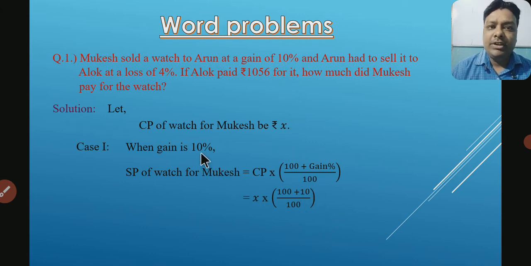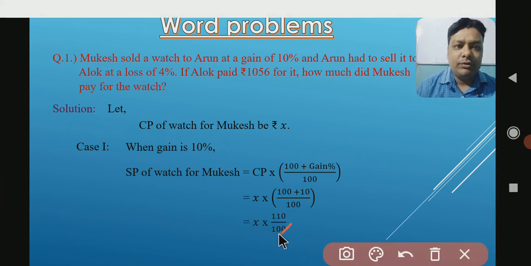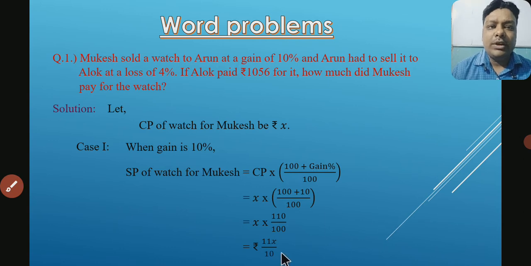So it will be X into 110 by 100. The 10s will cancel, so it will be 11x by 10, and that is the SP of the watch for Mukesh. But if Mukesh has sold this watch, Arun has purchased it at the same amount. So the SP of watch for Mukesh will be the CP of watch for Arun.